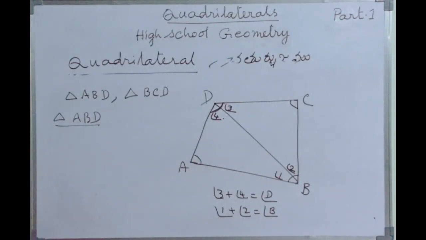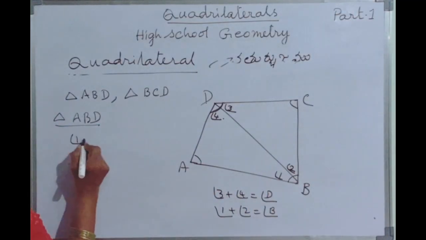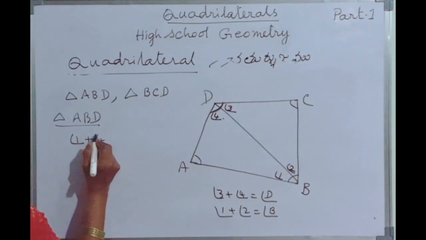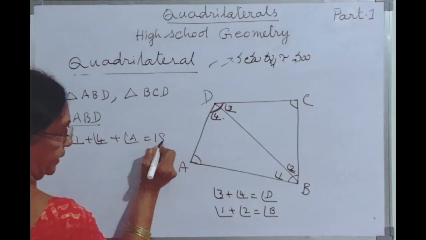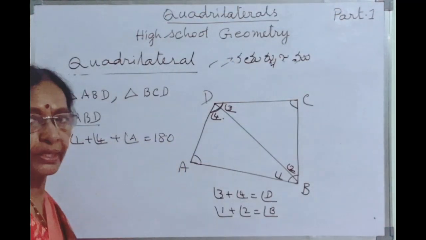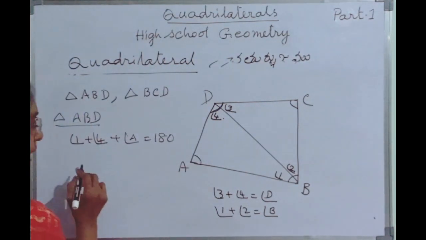The sum of the angles is equal to 180 degrees. Therefore, angle 1 plus angle 4 plus angle A is equal to 180 degrees, according to the rule of sum of the angles of a triangle.